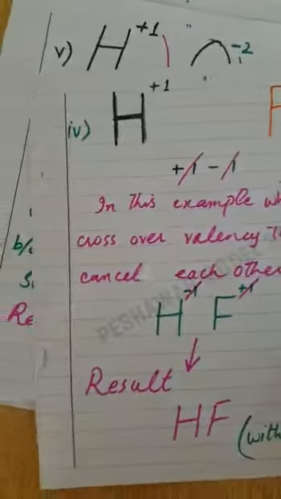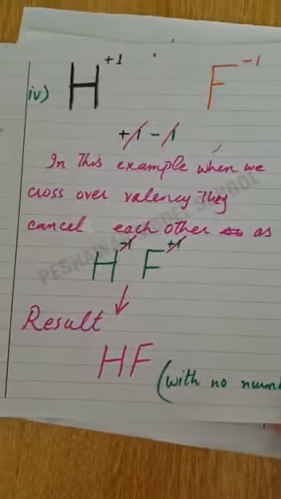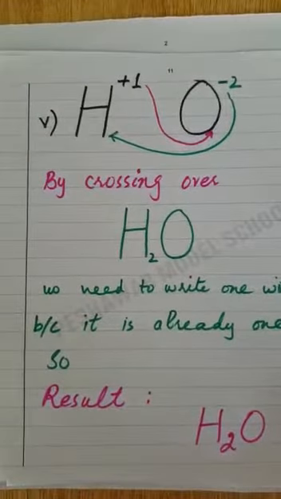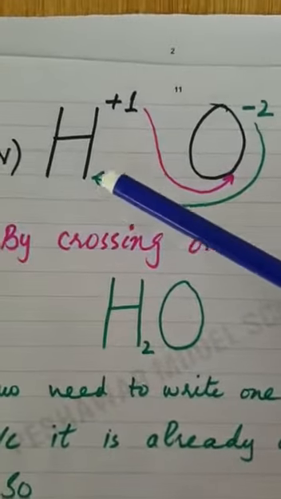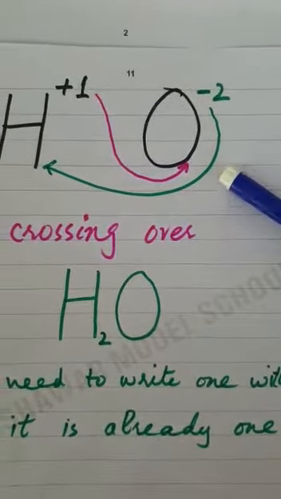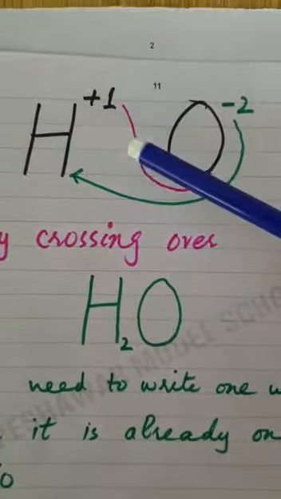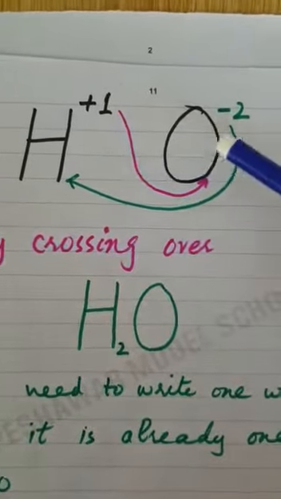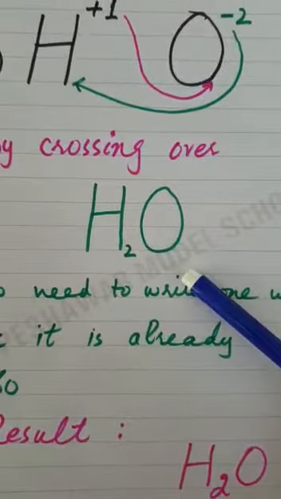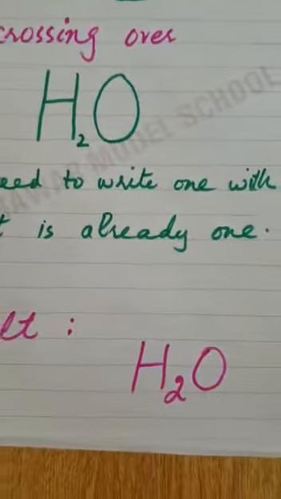After that we discuss the formula making process in the case of the water molecule. The valency for hydrogen is +1, the valency of oxygen is -2. The valencies will be crossed, so that 2 will go with hydrogen and 1 will go with oxygen. As a result, the final formula for the water molecule will be H2O.